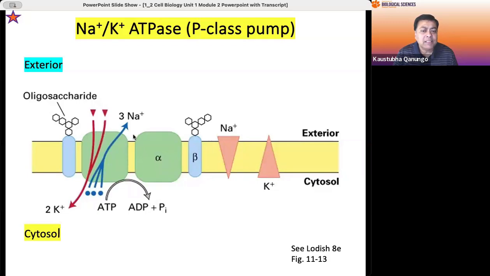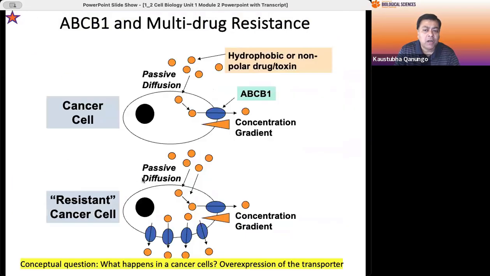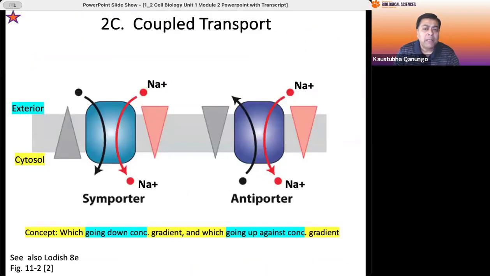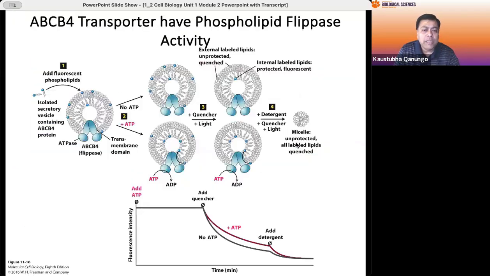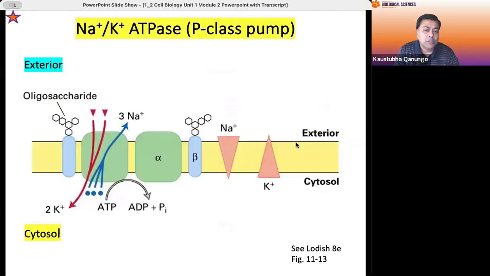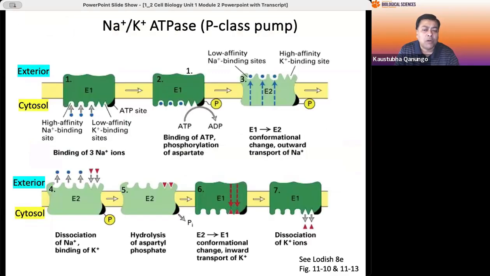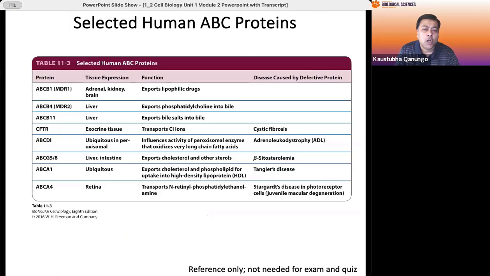So this is where the energy is spent for the active transport. So we call this a secondary active transport, because this is your primary transport, which is a coupled transport, symport or antiport. But to maintain the sodium gradient, you need an active transport, which is called a secondary active transport. So it requires energy, not directly.